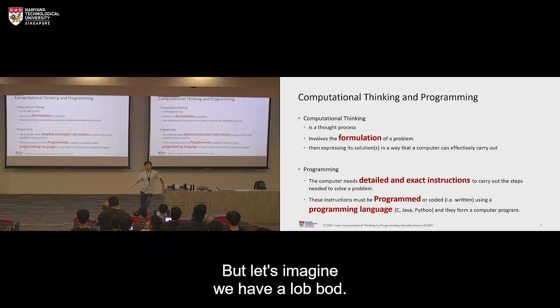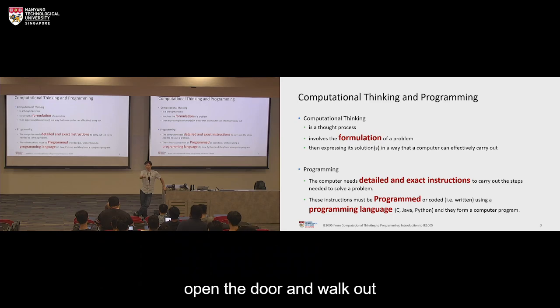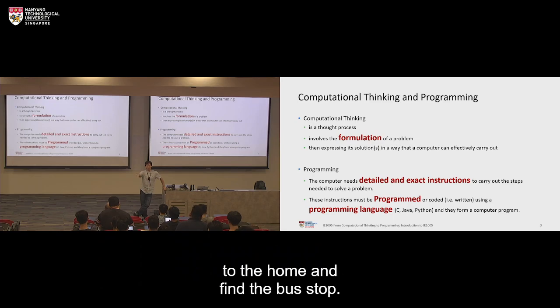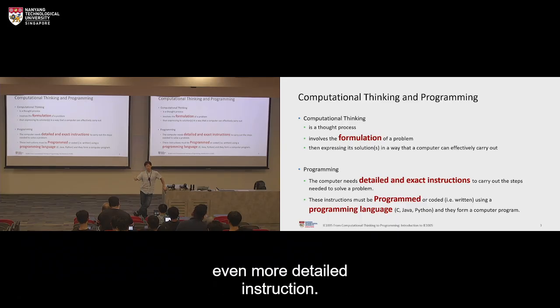But let's imagine we have a robot. Then I have to give it very detailed instructions. If the robot is staying at home, I may say: open the door and walk out of the home, find the bus stop, take bus number ABC, something like that, and transfer to the MRT. I even have to give more detailed instructions.